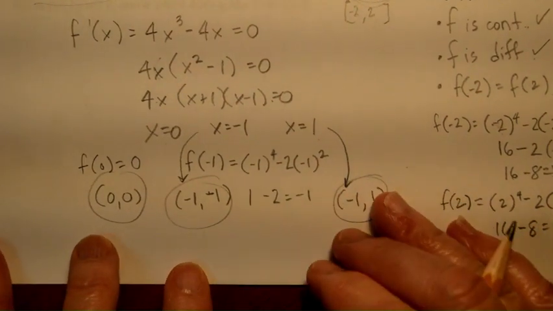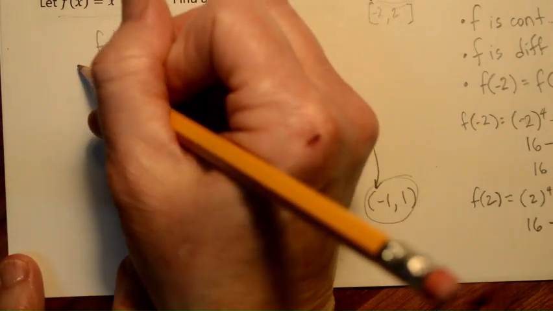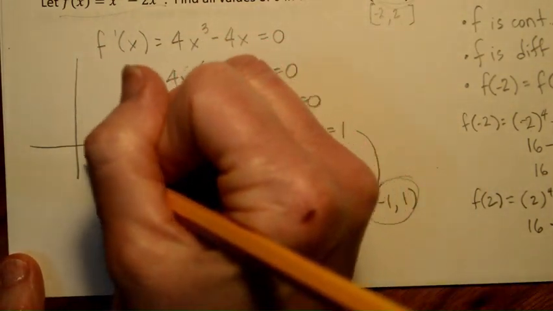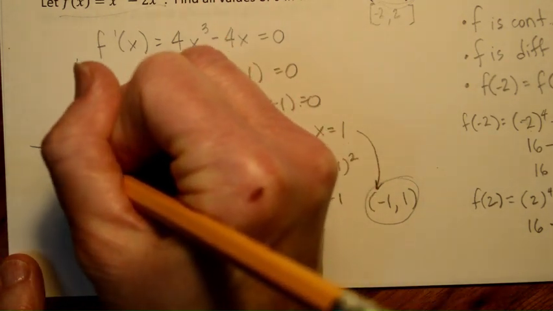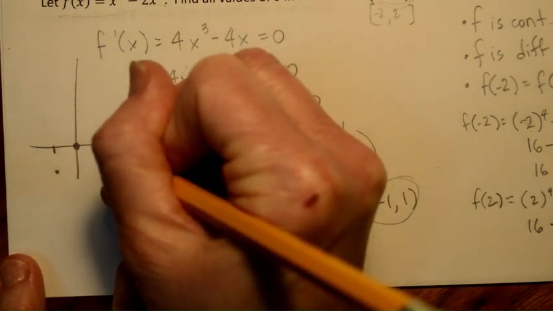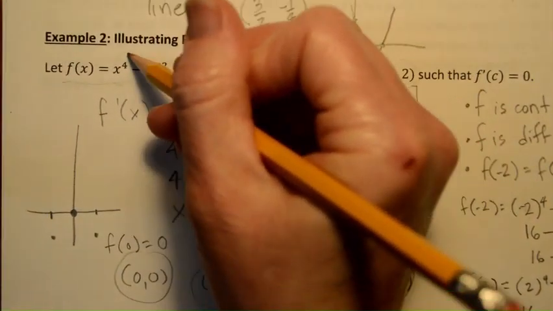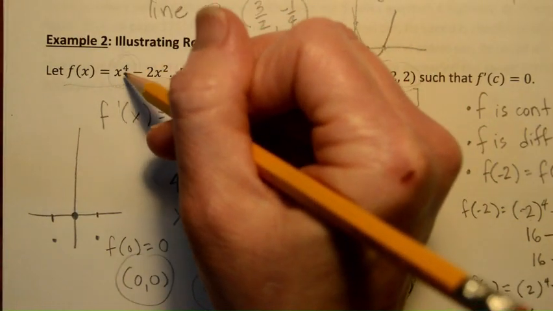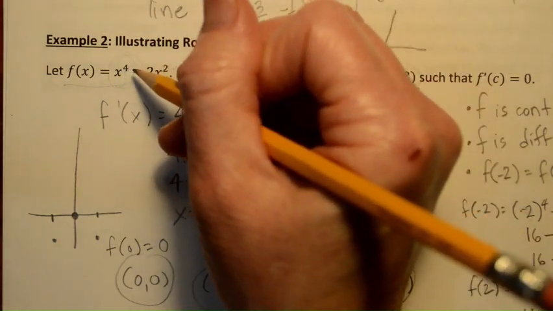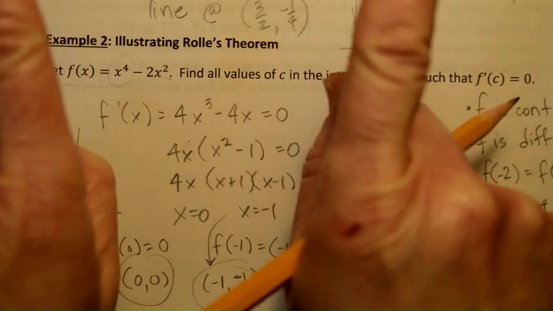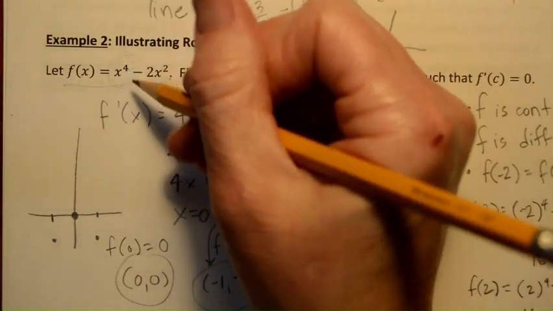All right, so let me just sketch what this one looks like for you. It is a quartic, and at 0, it's 0. At -1, it's -1. At +1, it's -1. Again, we know about end behavior here, that when it is an even exponent, either they're both going to go towards positive infinity or negative infinity.